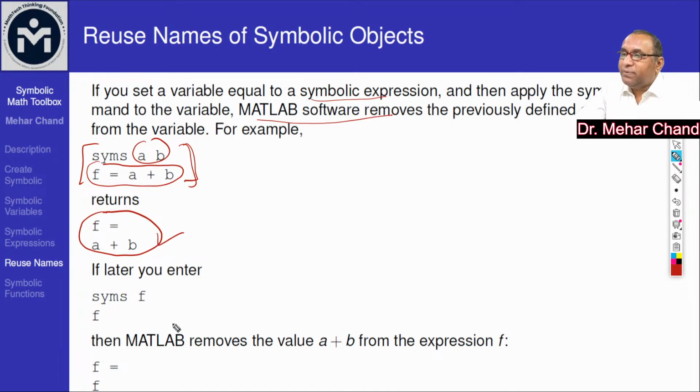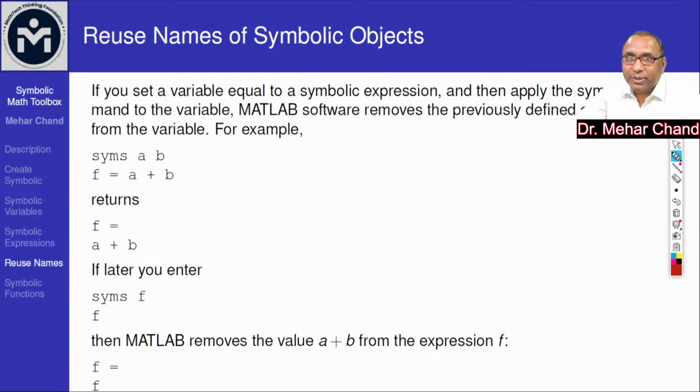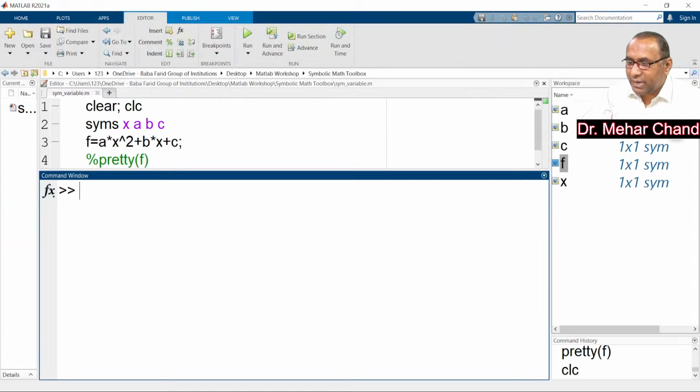When you enter this statement in the command window, this will return this value. Okay. Later, if you are using f as a function, you are using this statement sym f. So when you enter f, this will return f equal to f. So now at this place, this variable has been replaced in the new format. Okay, see in MATLAB, it will make the concept clearer. Here I am using syms a and b.